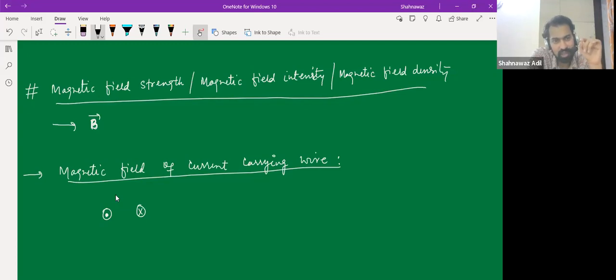Whenever I write the dot in electric field, we understood these rotations. When we were talking about electric dipoles and other things, we came across these two rotations. Aisha, can you recall what these two rotations are in vector representations?